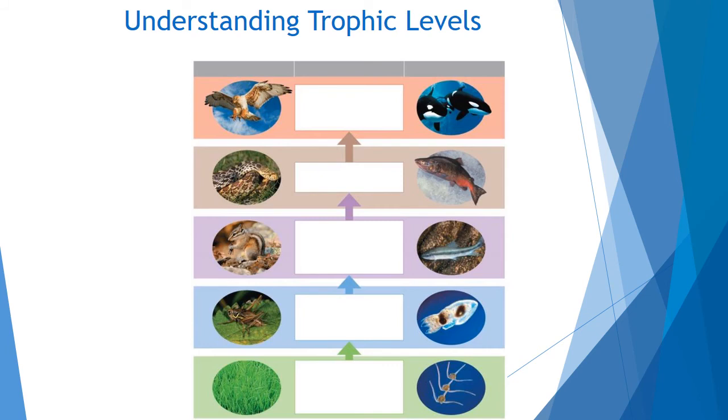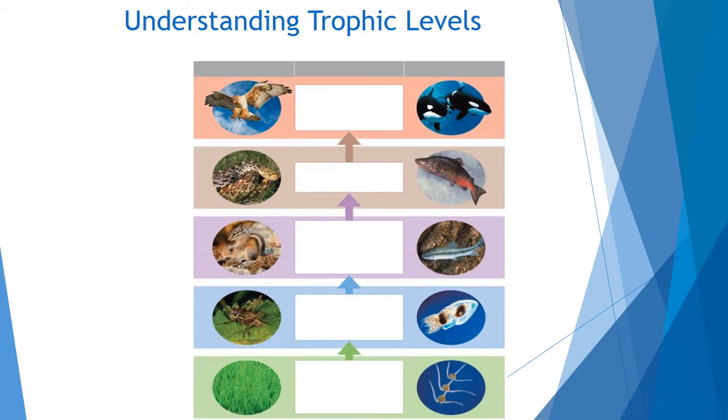Then the organism that eats the primary consumer is considered the secondary consumer. They feed on primary consumers. The tertiary consumer feeds on the secondary consumer. And the quaternary consumer feeds on the tertiary consumer.